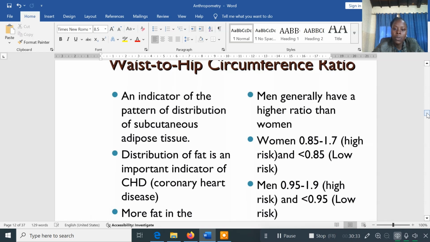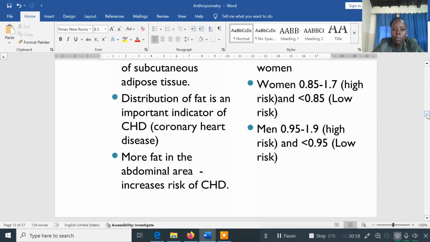Distribution of fat is an important indicator of certain health conditions, for example coronary heart conditions. We also have diabetes and others. So fat distribution is very crucial to diagnose someone's risk of developing such conditions.